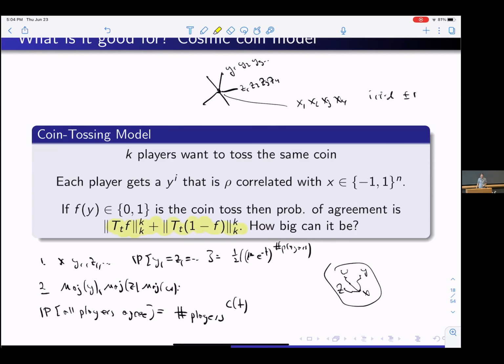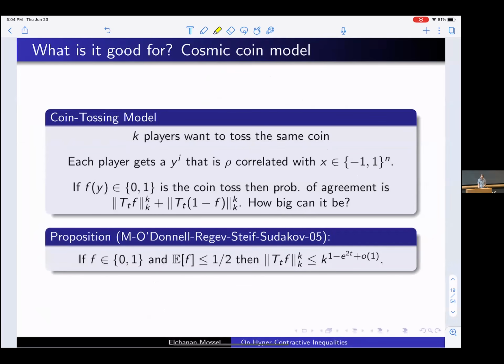So you can express this in terms of the norm of T_t f to the k, and the norm of T_t (1 minus f) to the k. That's an analytic expression. I won't tell you how, but it's pretty easy from reverse hypercontractivity to prove that each of these expressions is lower than some power of k.